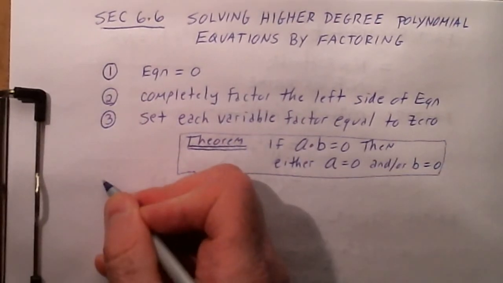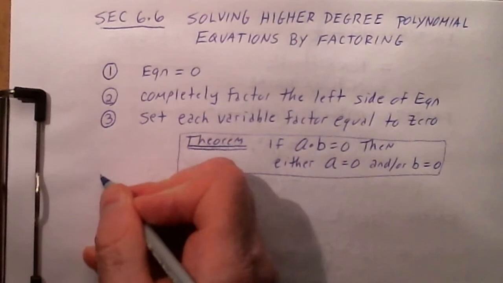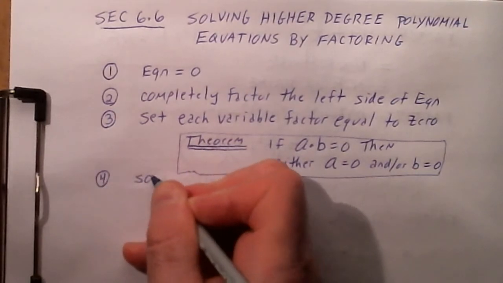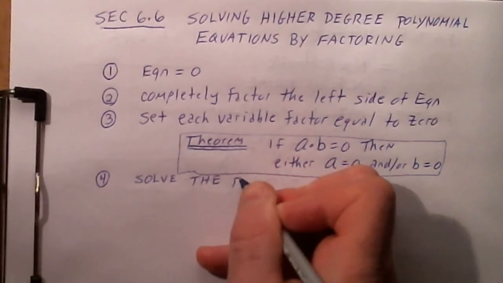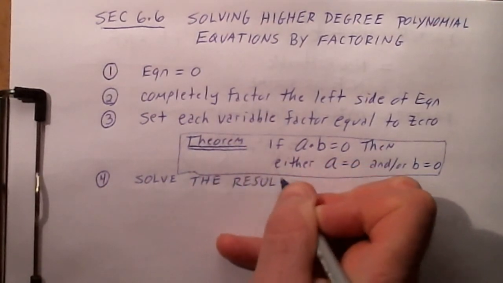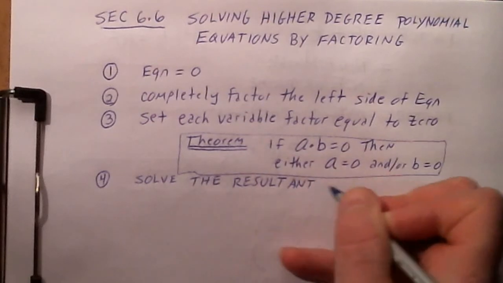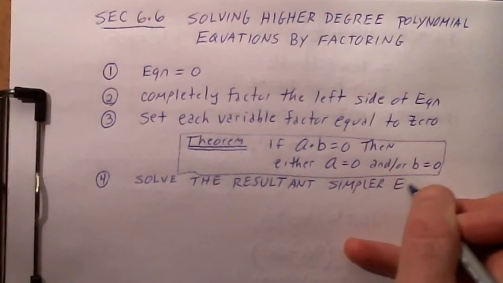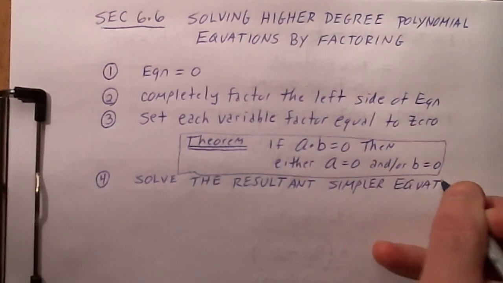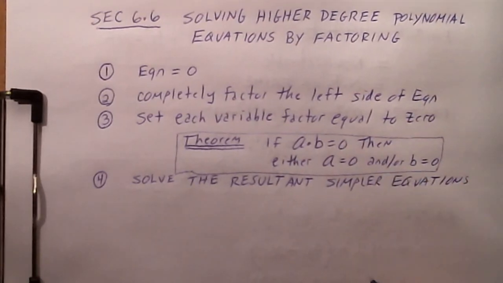Once we set our variable factors equal to 0 using this theorem, then what we do is we solve the resultant simpler equations. So this in general provides a guideline or a roadmap, if you will, as to how we go about solving higher degree polynomial equations.